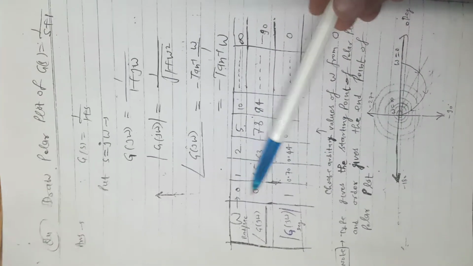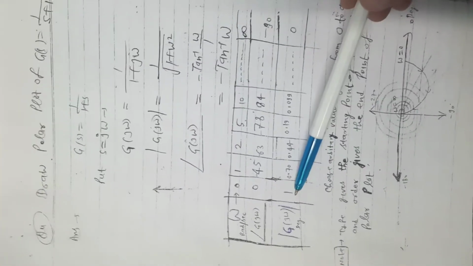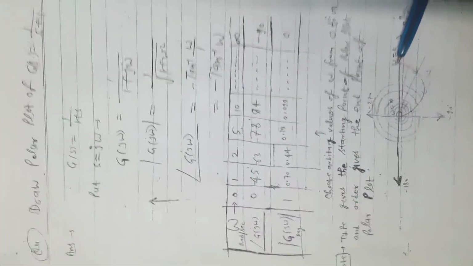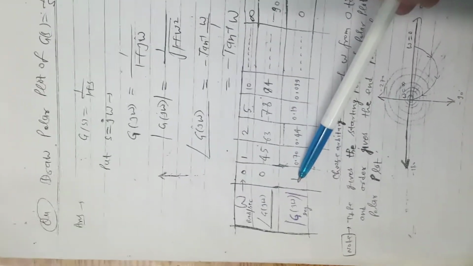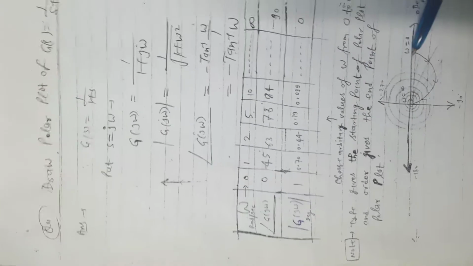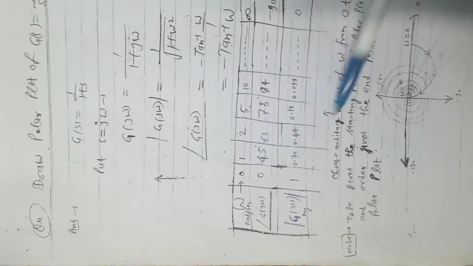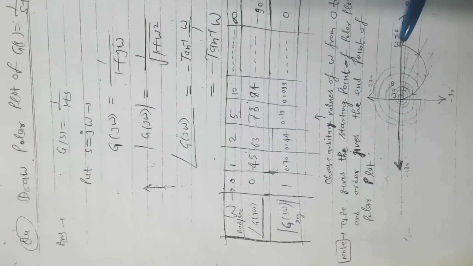Now at ω = 0, your magnitude is 1 and phase is 0. That is constant, plus 1, so it starts from here, on the right-hand side, with angle 0. That gives you this particular point.